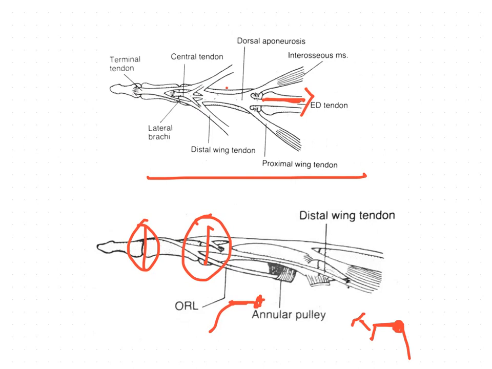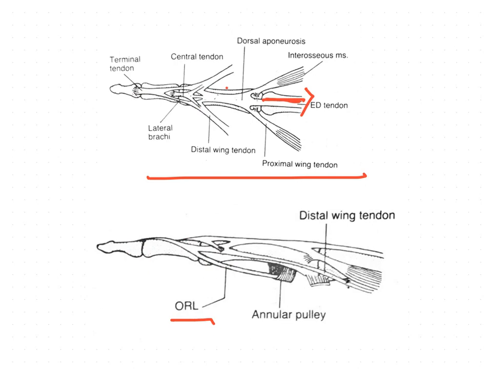Now we will see them one by one. The first one: active extension of the proximal interphalangeal joint will normally be accompanied by extension of the distal interphalangeal joint. It occurs mainly due to the oblique retinacular ligaments.